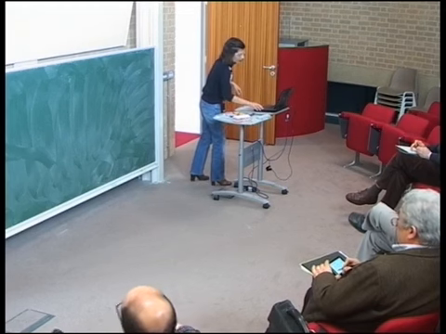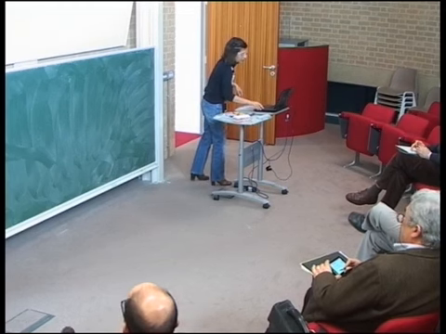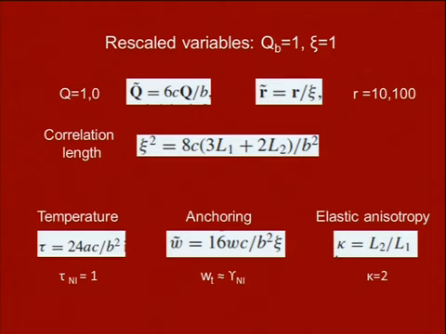So I rescale variables. It's much nicer if you're doing theory to rescale variables. And so I take variables such that my order parameter is 1 in the nematic and is 0 in the isotropic.